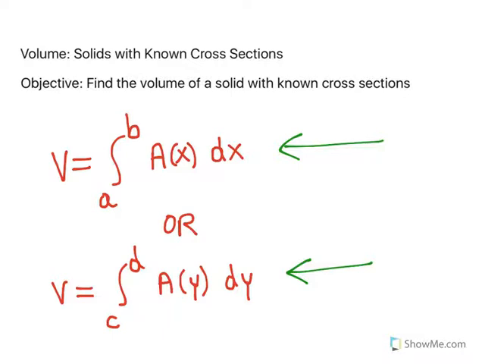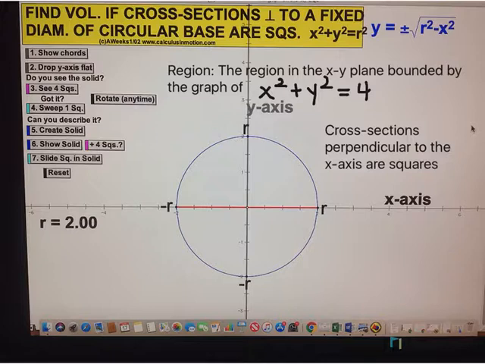And in our particular example, the cross-sections perpendicular to the x-axis were squares, but you could have cross-sections that are semicircles, maybe rectangles, etc. And whatever the shape of each cross-section is, the integrand will give you the area of a particular cross-section where x tells you where the cross-section is taken.